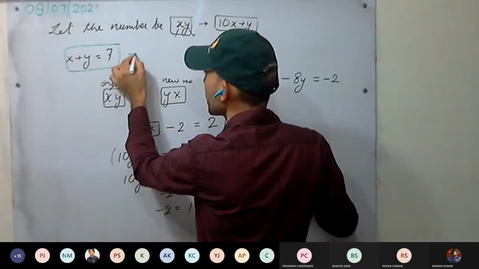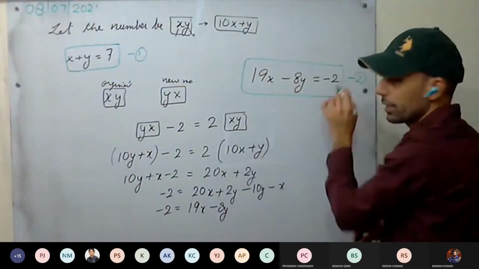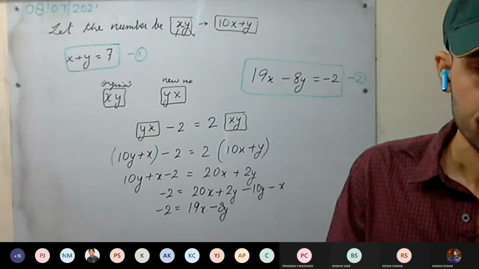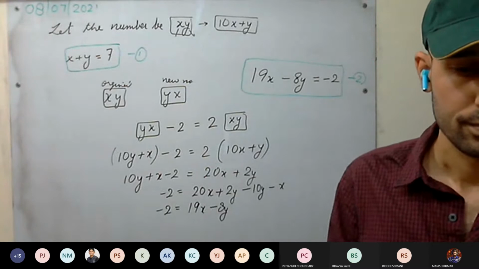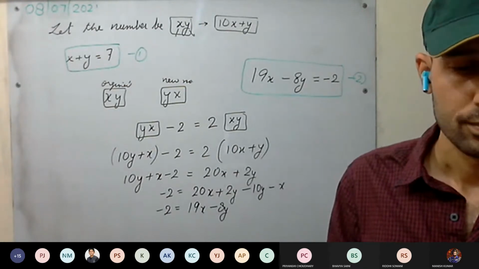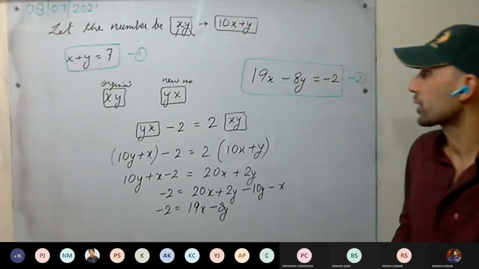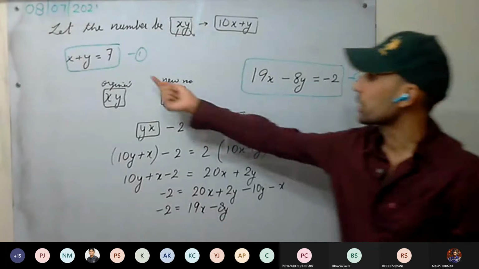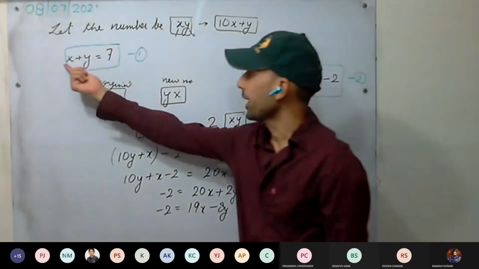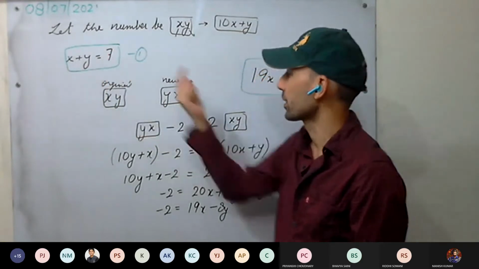This is our first equation. This is our second equation. Solve these two equations. Multiply the first equation with 8 and then add them. 8x plus 8y equal to 7 into 8, 56.